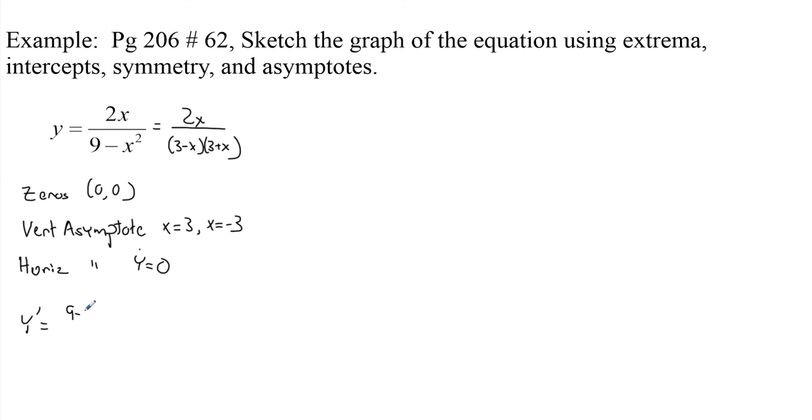So I've got 9 minus x squared, there's my ho, and d hi would just be 2, minus hi, which is just 2x, times d ho, which is just going to be negative 2x, all over 9 minus x squared, quantity squared. And we're just going to leave this, we're not going to mess with that, at least at this point.